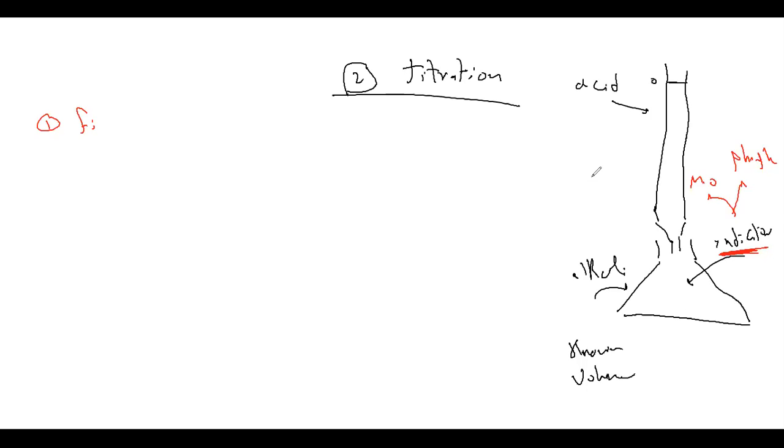Okay, I'll explain now. Don't be worried. Titration, first step: fill the burette with acid. Number two, a known volume of alkali.